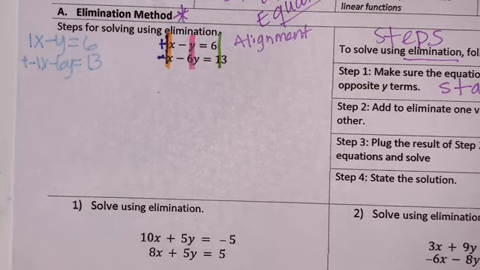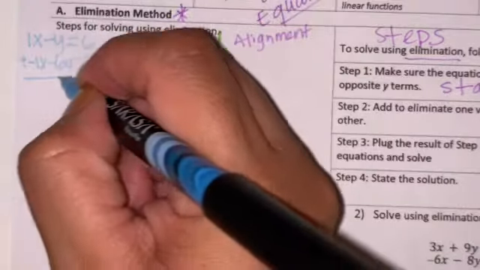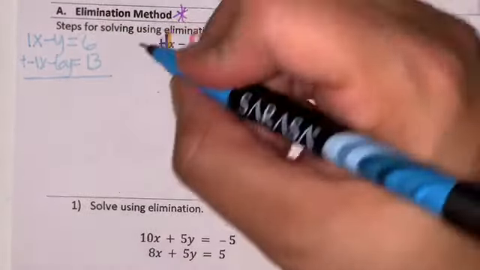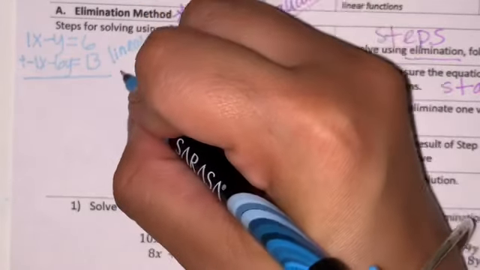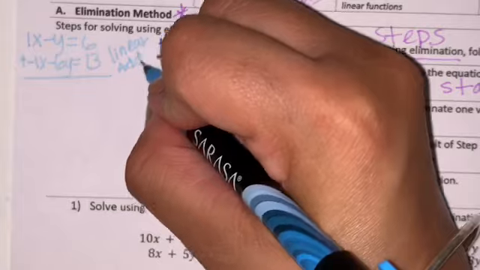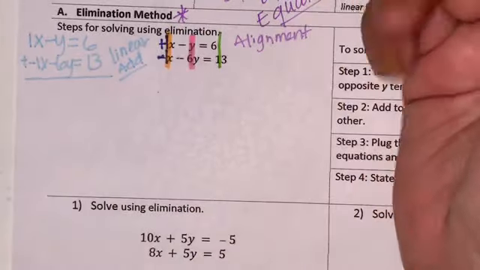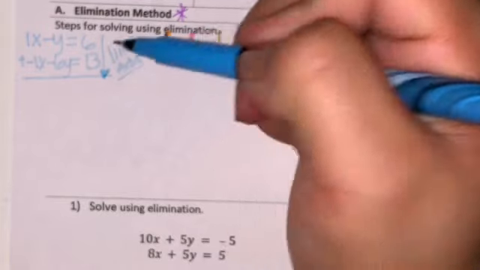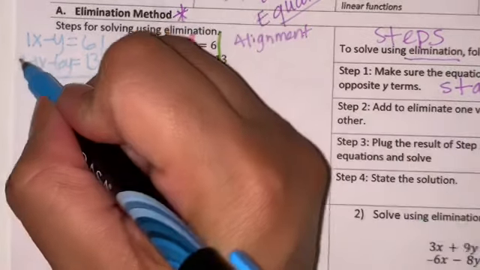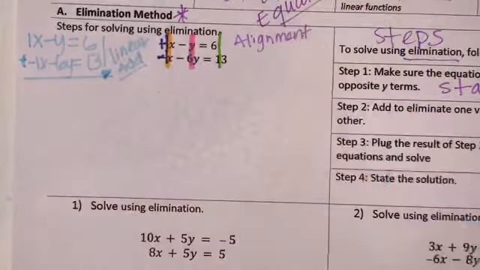It's very important for us to talk about what we are doing here. We're going to have a step called linear addition. So you're going to add going down, just like you did in synthetic division, but you're going to add. So that's the reason why I have this plus sign here.